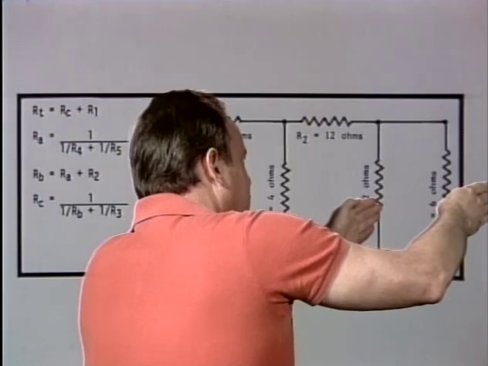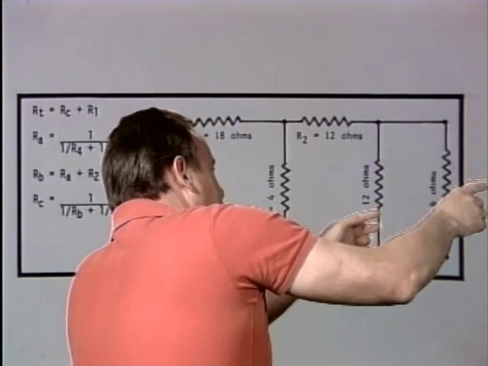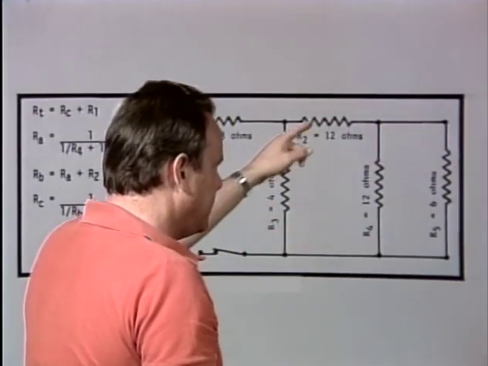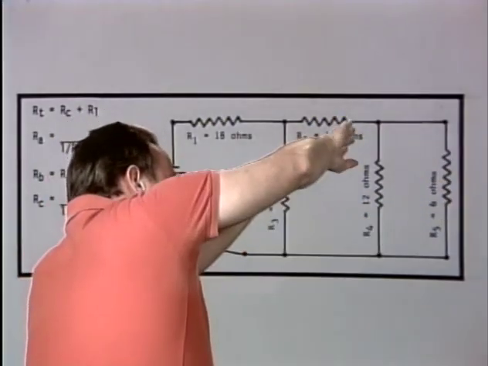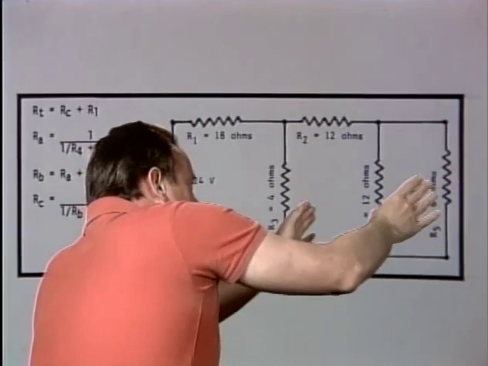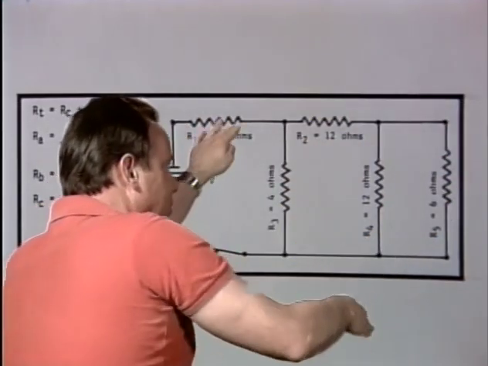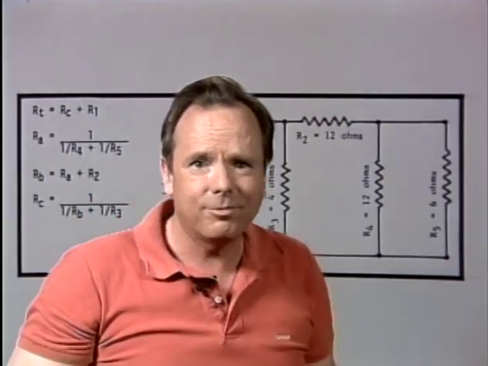Then when we got done with that, we said, all right, now this is a series. So we added the total resistance here to this resistance here, which is in series, added them together, and we made them series. But now you have to take this whole mess and take these two paths and make a total resistance out of them. And we did that, and now all we had then was two series resistances to add together. See, there's nothing to that stuff.